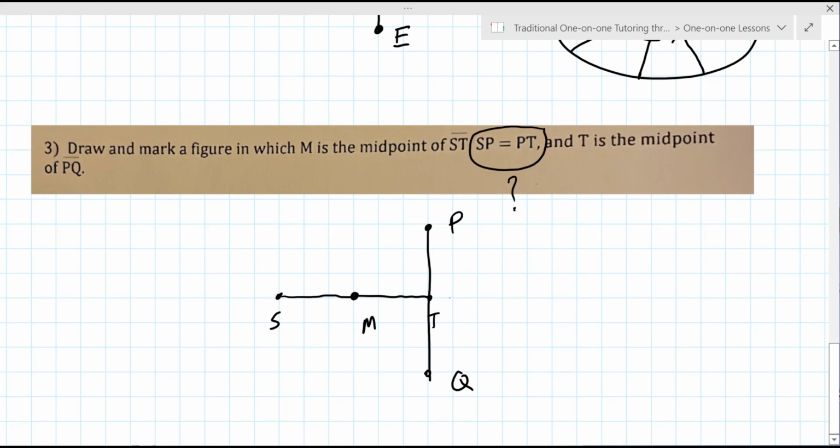I thought M was a midpoint, but there can be more than one midpoint. Do you agree that T is right in the middle between P and Q? Yeah. Great. Okay, got it down.